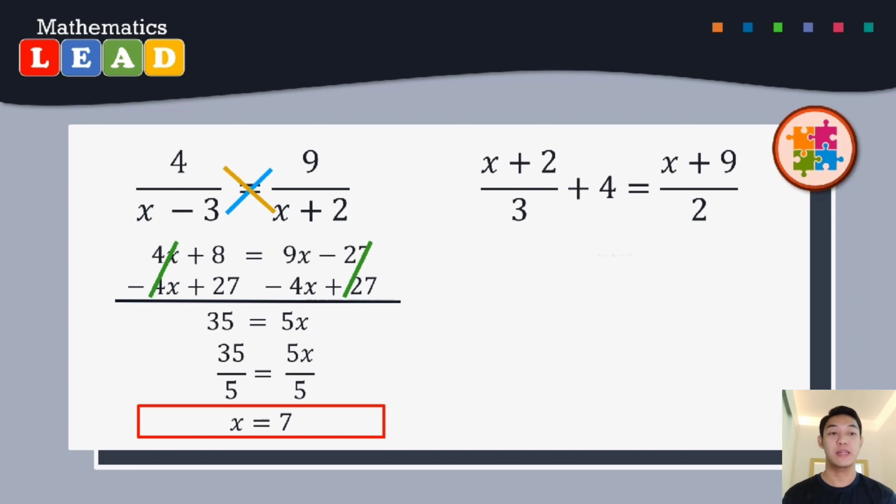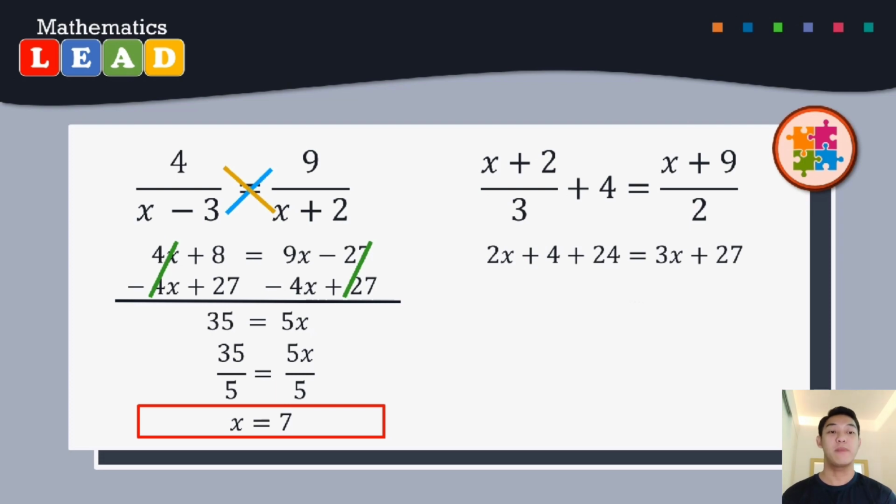Now let us multiply 2 by x plus 2, and that's going to be 2x plus 4. Now 4 times 6 is 24, and 6 divided by 2 is 3. And 3 times x plus 9, and that is going to be 3x plus 27.